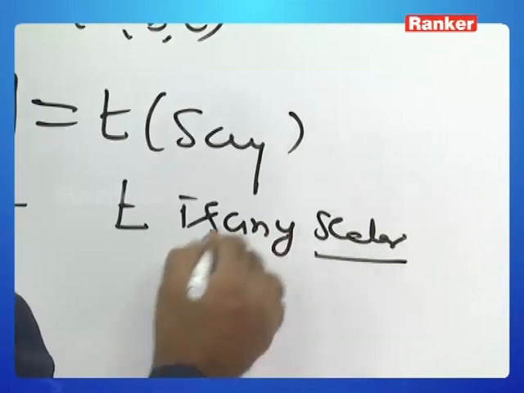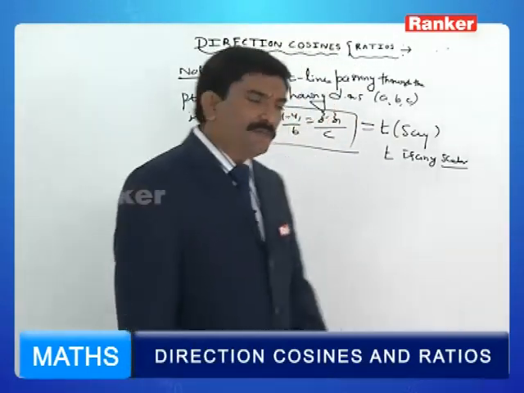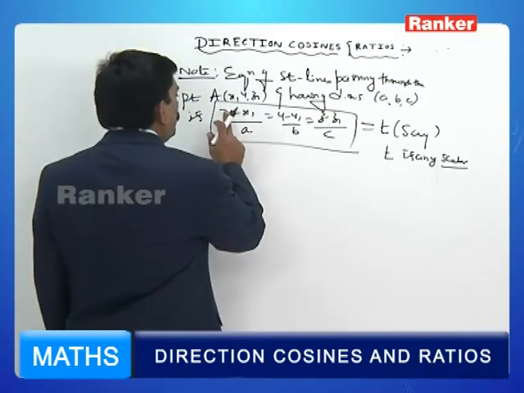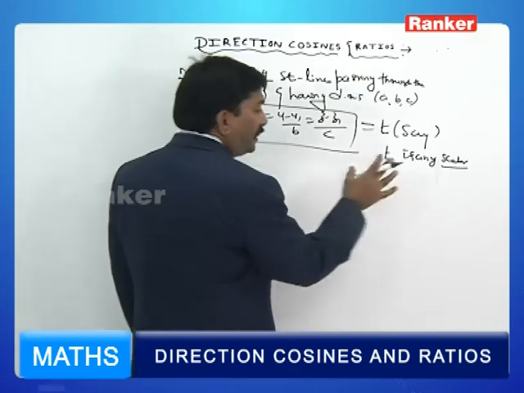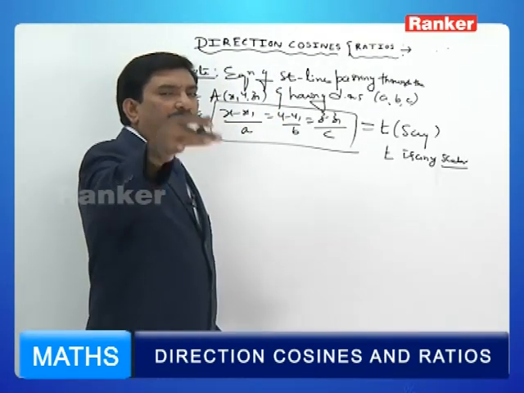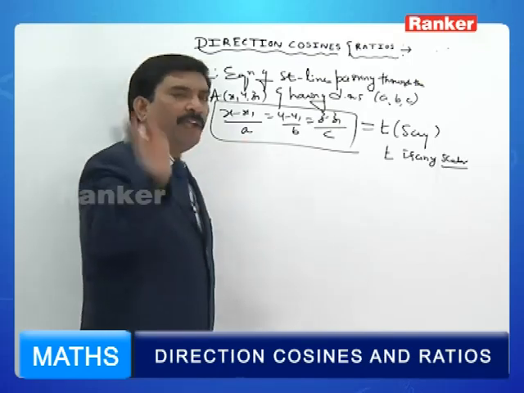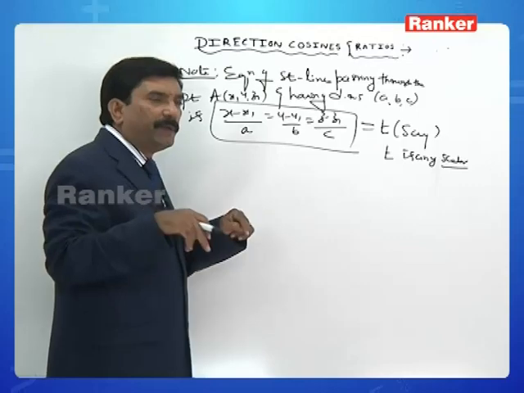A scalar is denoted by real numbers in vectors. Now I want to find x, y, z. This is a straight line passing through the point x1, y1, z1, and meanwhile we have taken P of x, y, z as a point on it. I want to find the coordinates of the point P.